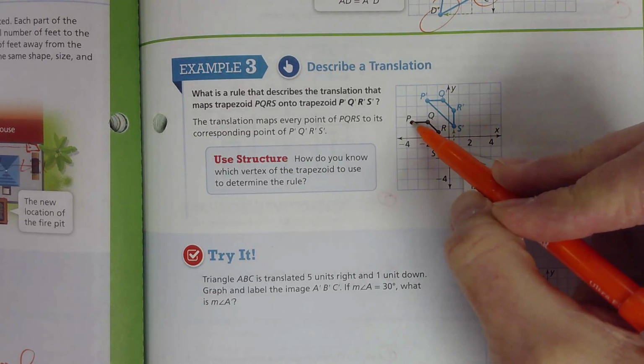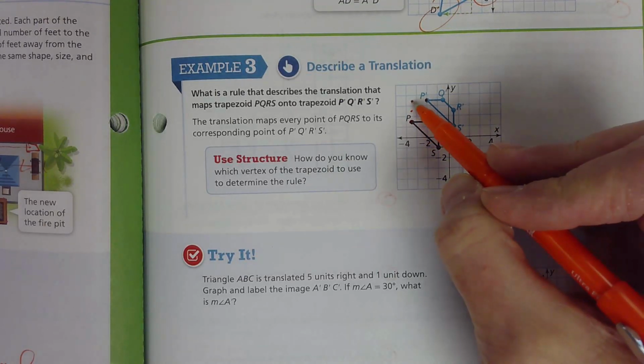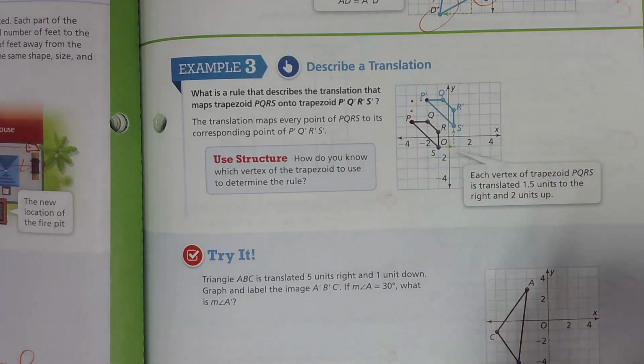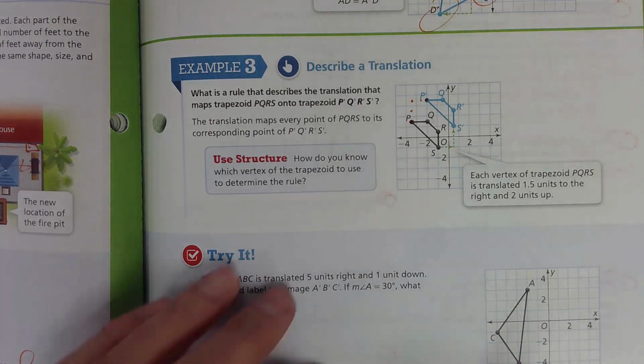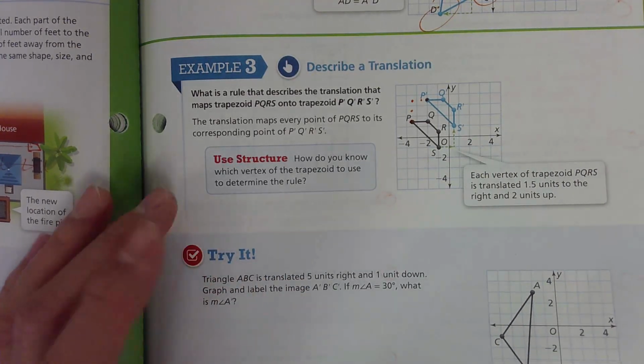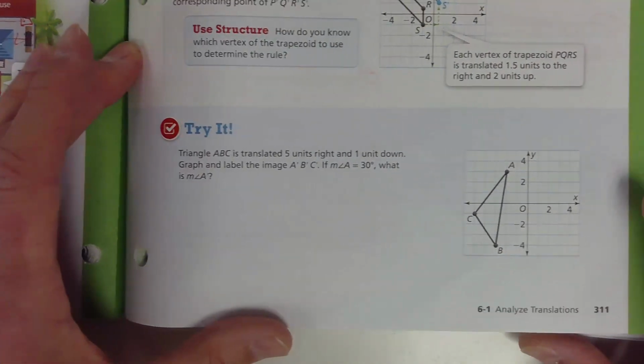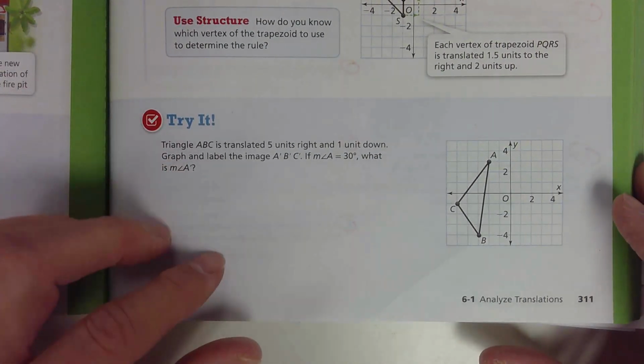If you just picked one of the points, you'd see it goes 1, 2 up and then 1.5 to the right. So when you're trying to figure that out between two figures, just pick a vertex, pick a point, and start counting.